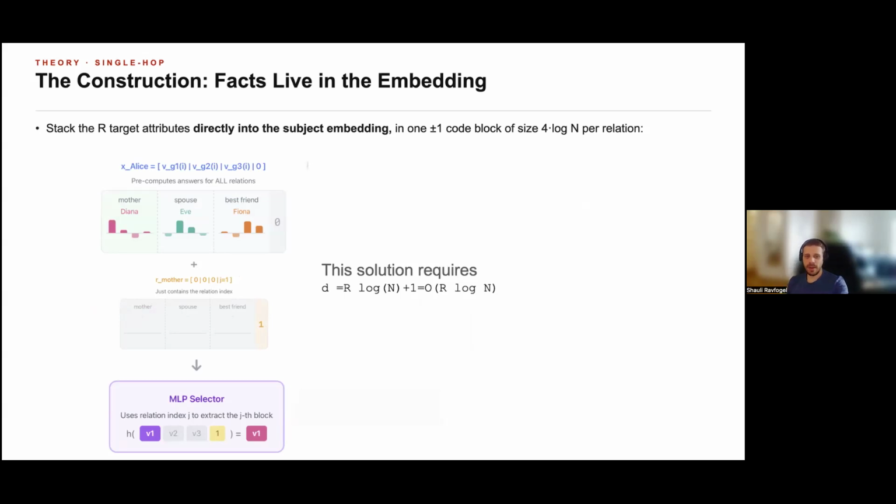We are also going to have an embedding for the particular relation that we are asking about in this question, which is going to be the zero vector just with the last coordinate indicating the identity of the relation, so whether it's the mother-of relation, the spouse relation, the best friend relation, etc. Once you have all these coordinates, the MLP is just going to read the last coordinate of the relation embedding that specifies the identity of the relation and choose the relevant components in the embedding of Alice. So this is going to be, as I said, linear in the number of relations and logarithmic in the number of entities.